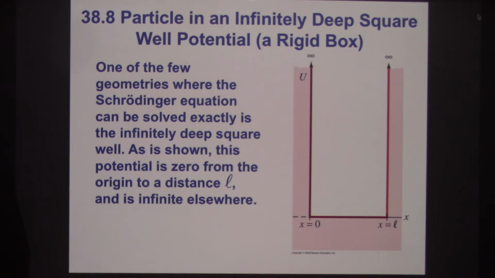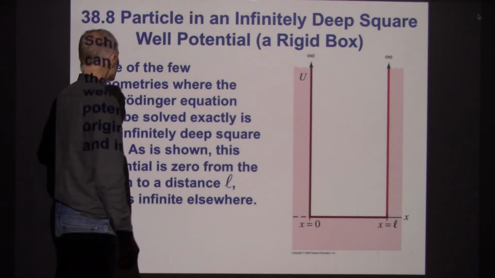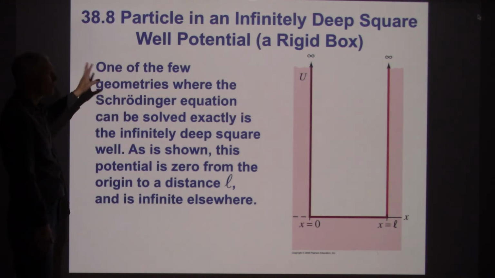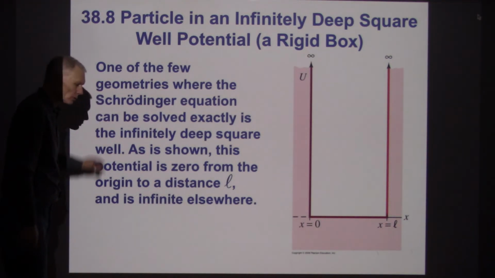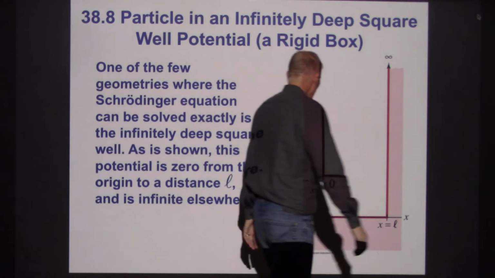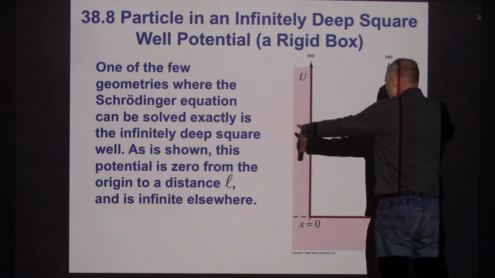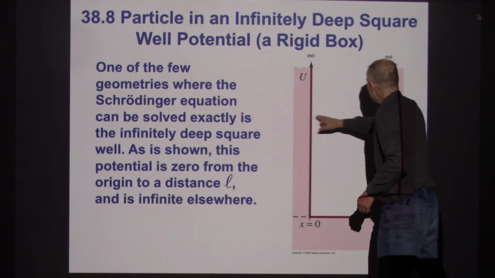Okay, now we're going to get into something that maybe is the most important part of the chapter, not the entire course. The most important part of this chapter for us is asking, can I use all these wave functions and wave equations that we've talked about, can I use the Schrodinger equation to predict the properties of a particle, maybe an electron, that is confined to a certain region?